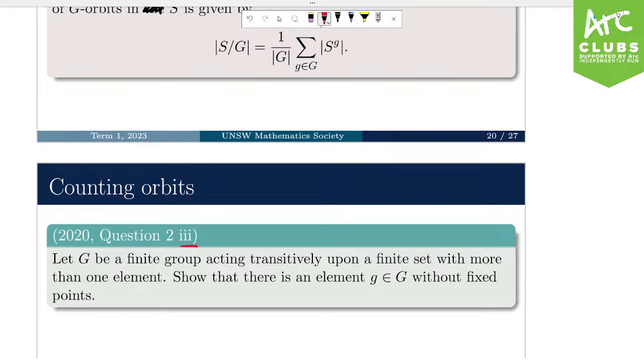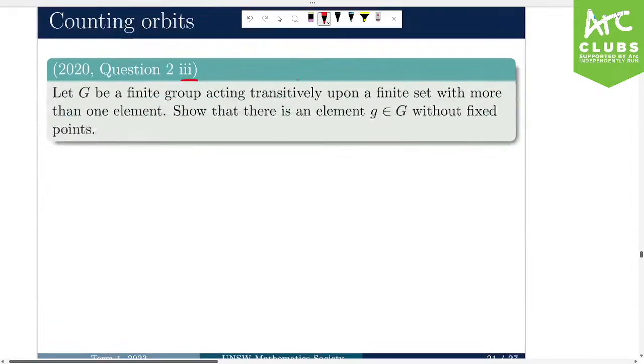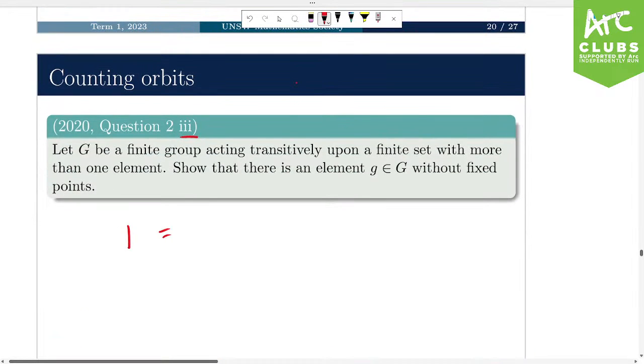Transitively means the set only has one orbit. So if we apply that here, it means that we should get 1 is equal to 1 on the size of G times the sum of the sizes of the fixed point sets.